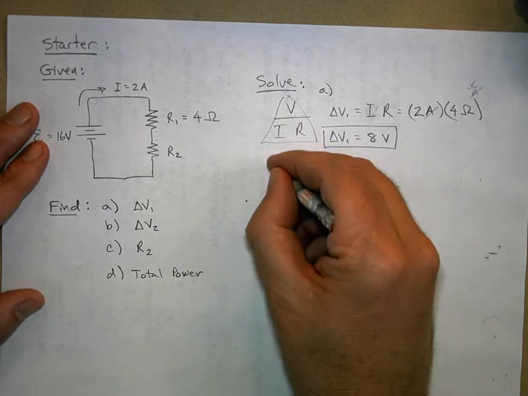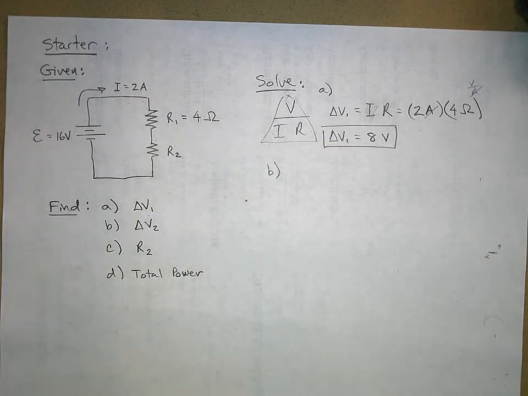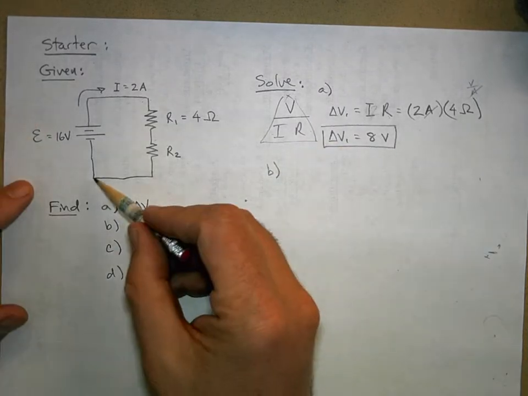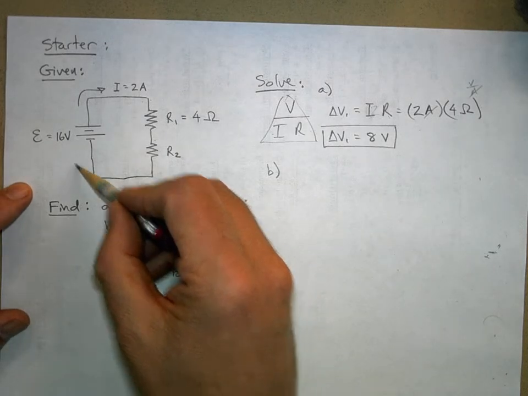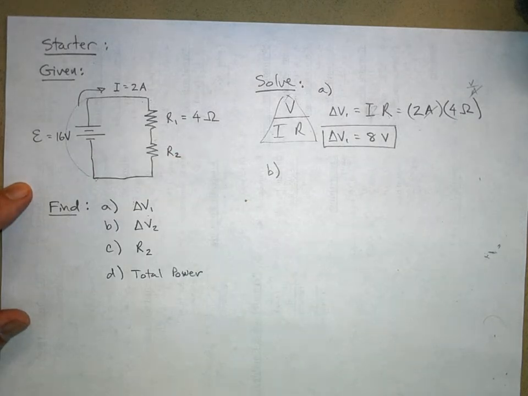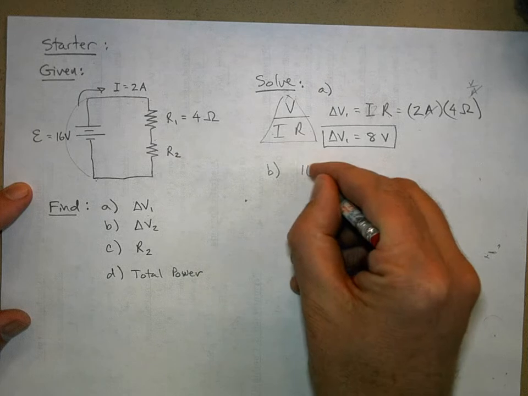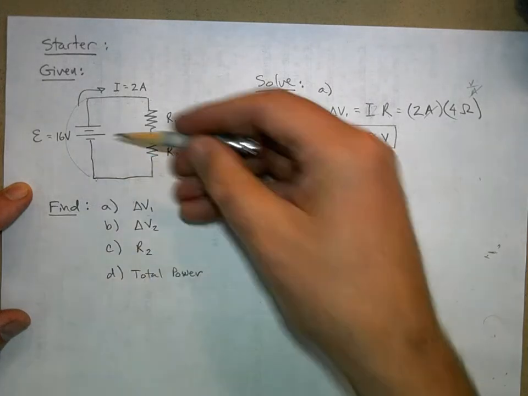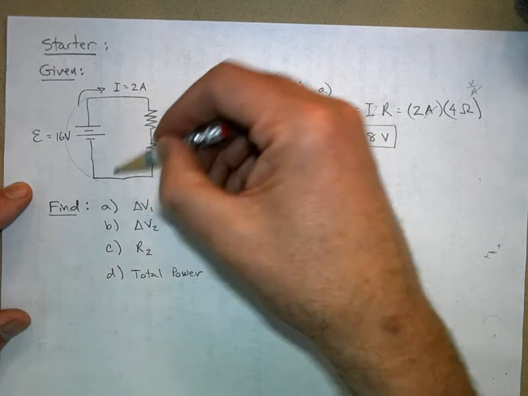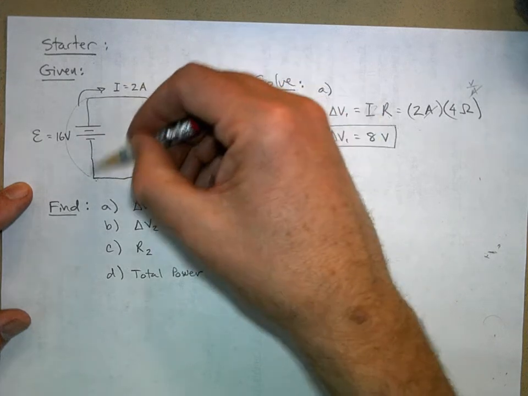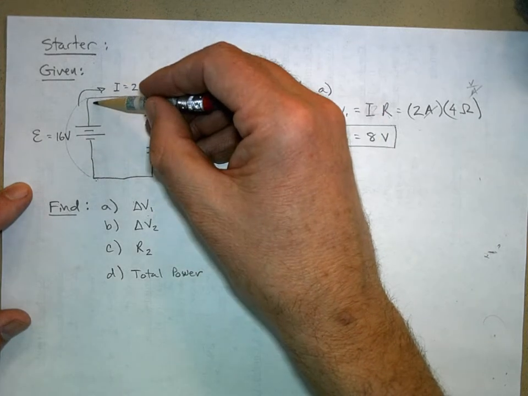Now your answer for B is this. Look, I know that when I go from here to here, I have to gain 16 volts. I mean, the battery delivers 16 joules of energy to the electricity for every coulomb of electrical charge that flows through it.